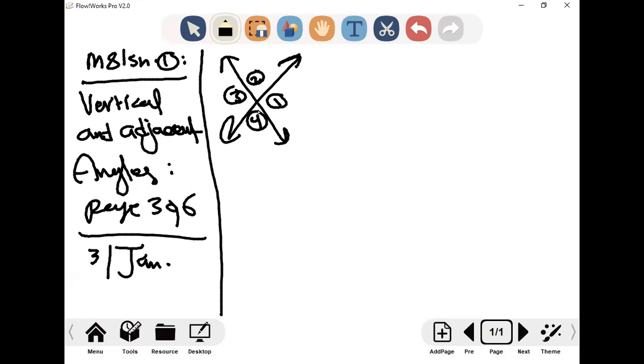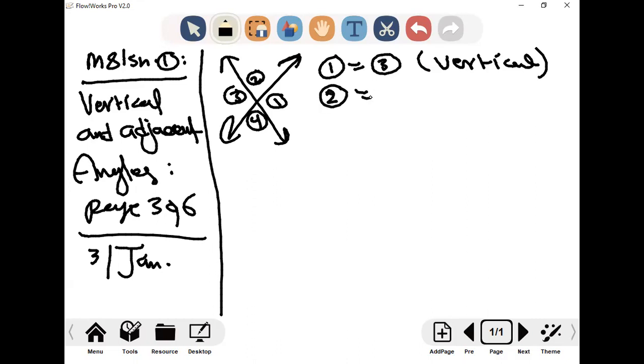Vertical angles, and they are equal. So angle 1 equals angle 3 because they are vertical. Angle 2 equals angle 4 because they are vertical. So if we have two vertical angles, then they are equal, right? Done? Yes. Fine.